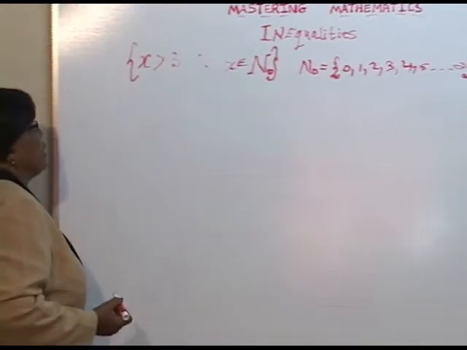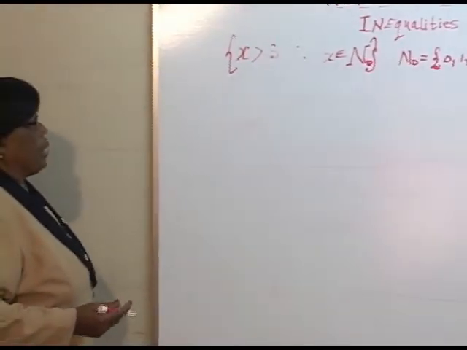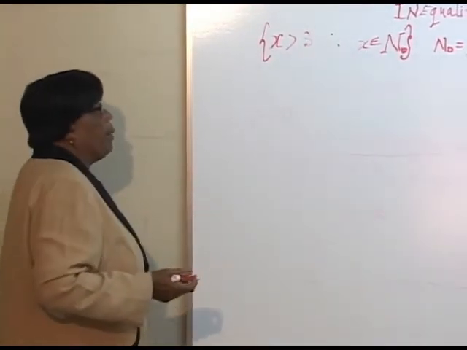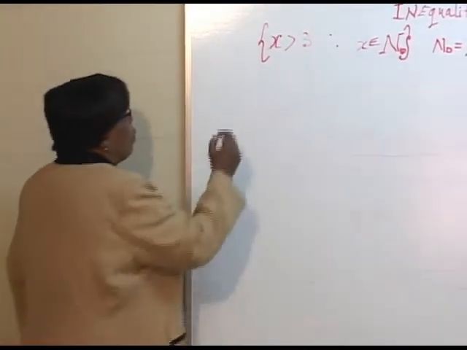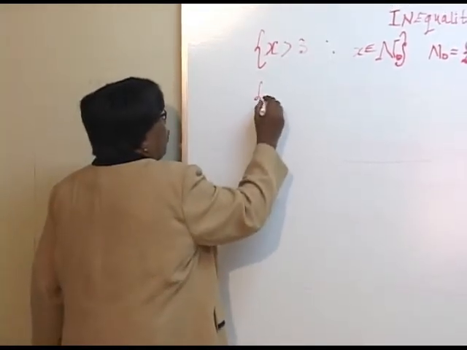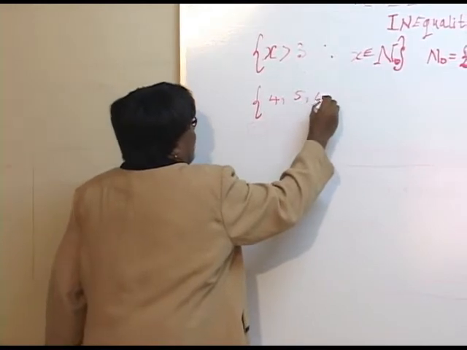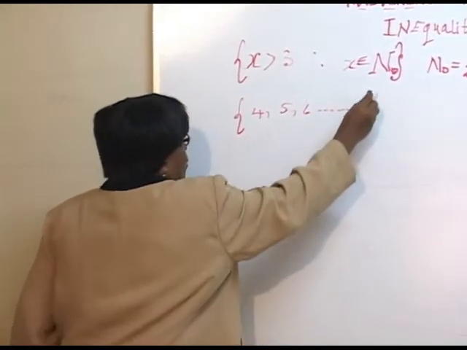Now this time it says x is greater than 3, so the members or elements we're looking for have to begin from 4, 5, 6, and we go on.